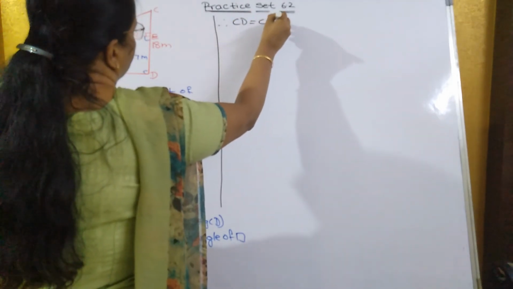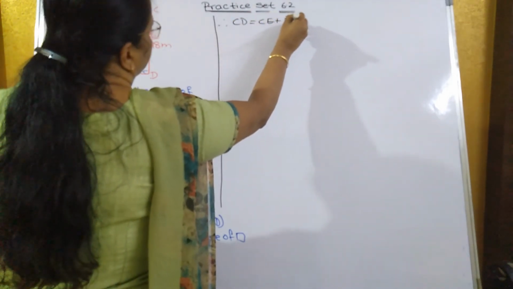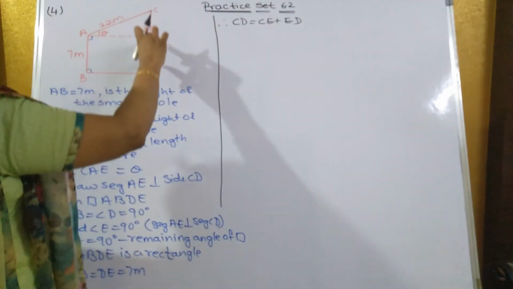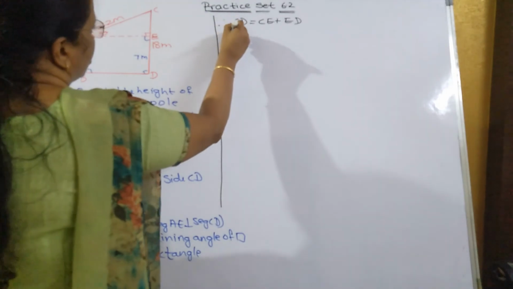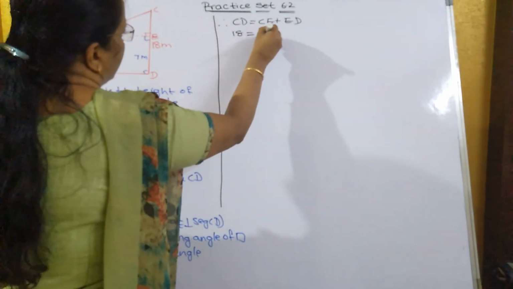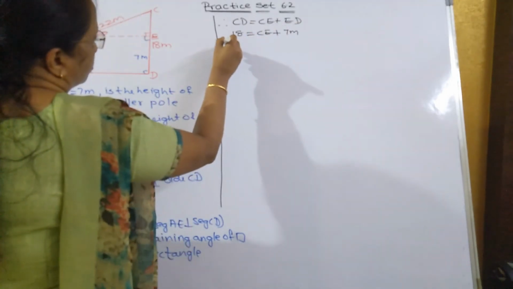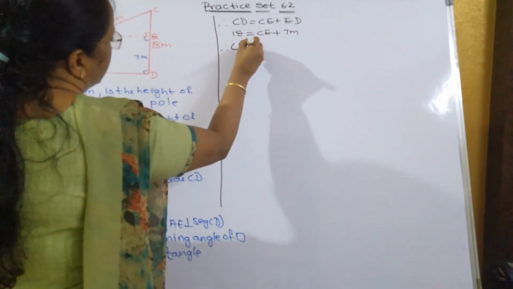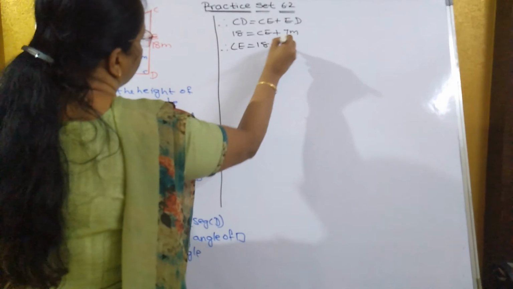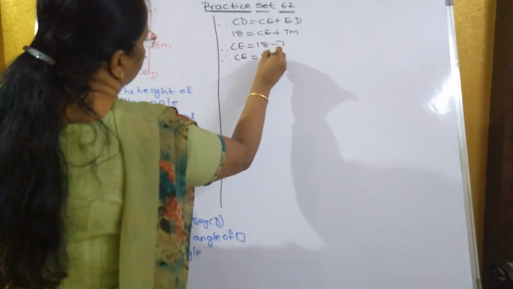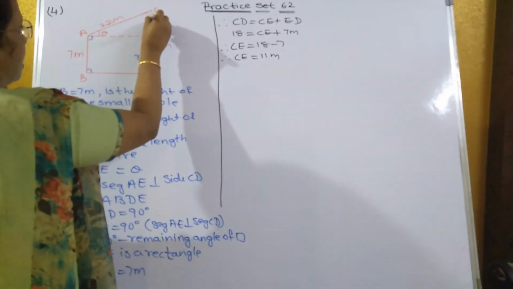CE plus ED. CD is made up of CE and ED. CD we know is equal to how much? 18. CE we don't know. Plus ED we have got 7 meter. So therefore CE is equal to how much? 18 minus 7. Therefore CE is equal to 11 meter. So we have got this 11 meter.